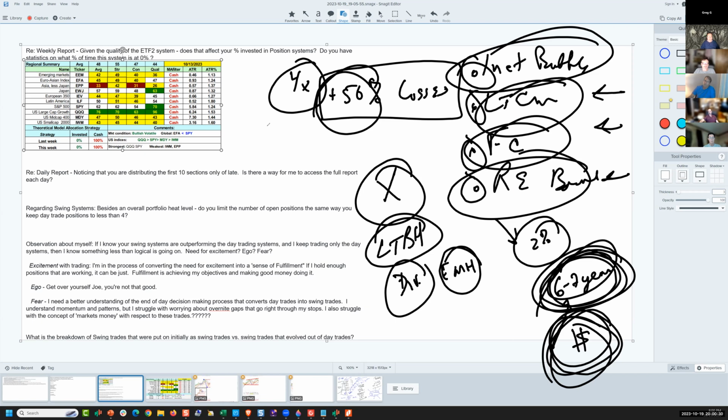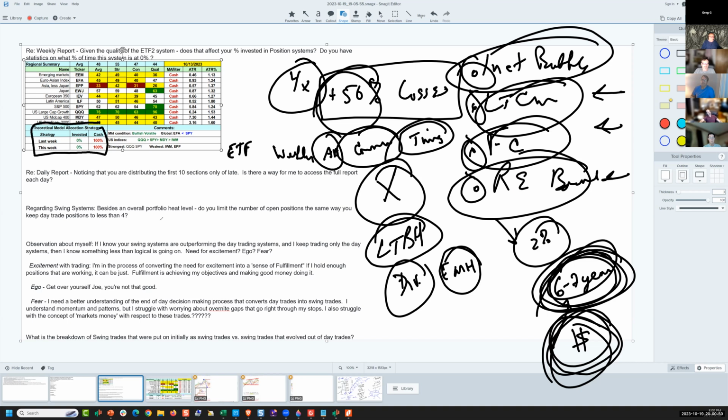So the ETF2 system is a weekly asset allocation model that is very conservative, that incorporates timing and a market model which governs the risk in the market for the week ahead.